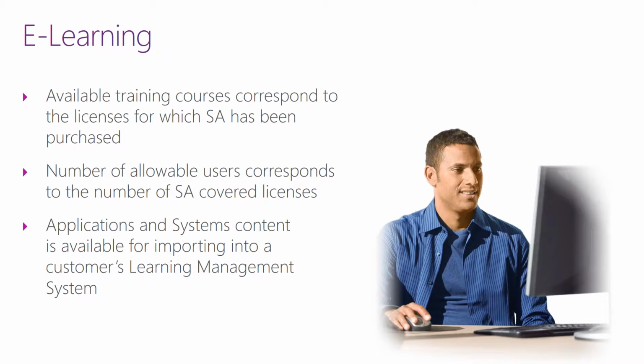And what you'll find is that there are different courses available which correspond to the different product pools, and the applications and systems content is actually available for importing into a customer's learning management system. That could be run on premises as opposed to running it through the Microsoft portals online.